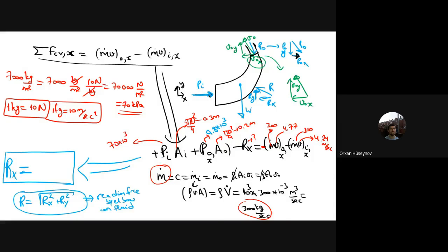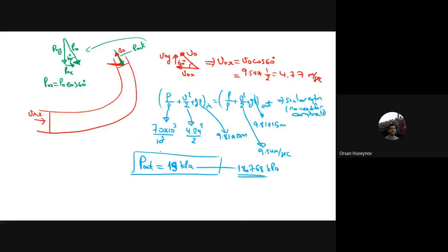While you are calculating for the Rx, now let me write the momentum equation for the Ry value. I will draw it again here because you should see the picture. This one is the outlet, and this one is the inlet.